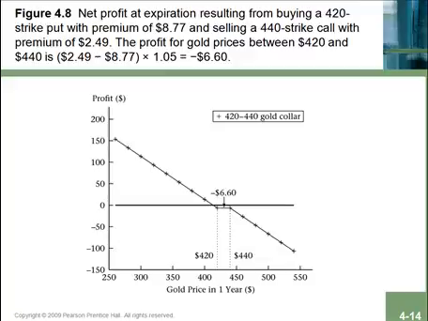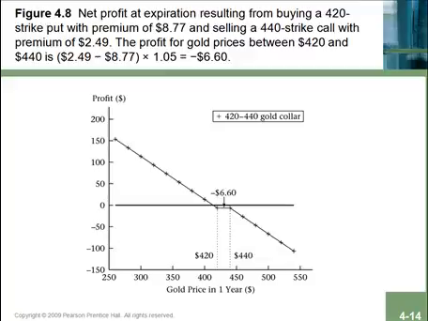Alright, well in that case, the net initial cost of that position is not quite as high. The cost is reduced by $2.49 because you're writing a call option with that initial premium.